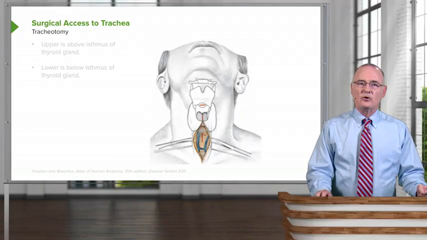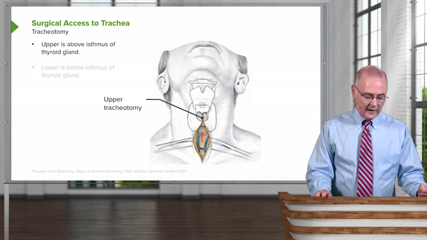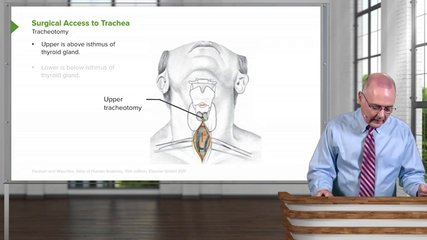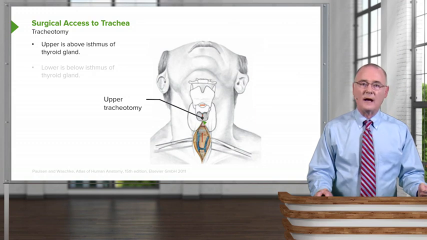The other approach is the tracheotomy, and there's an upper one and a lower one. Let's take a look at the upper tracheotomy first. This is a vertical incision, and it is going to run in this area of the anatomy between the inferior aspect of the cricoid cartilage here and then the isthmus of your thyroid gland below.